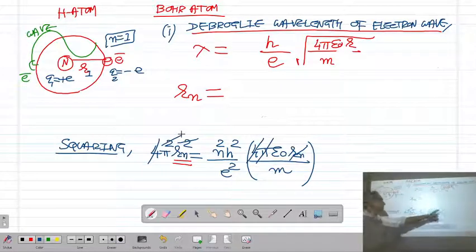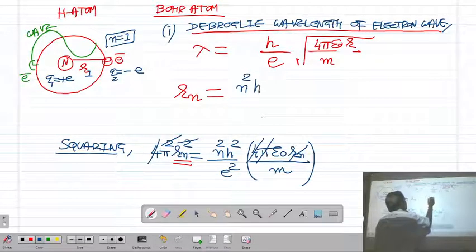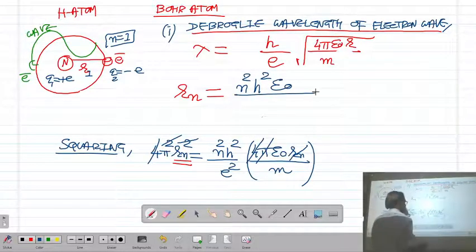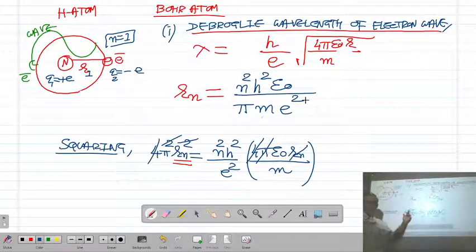So one rn is cancelled, 4 is cancelled, 1 pi is cancelled. So the radius of the nth electron orbit rn is n square epsilon 0 h square, I am taking in the denominator pi m e square. So the radius of the nth electron orbit is n square h square epsilon 0 upon pi m e square.